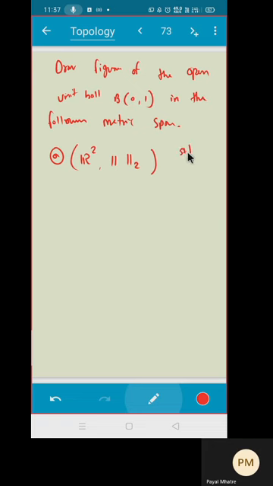Can you define B(0, 1) here in this space? That means what this set will look like. B(0, 1) is equal to what?